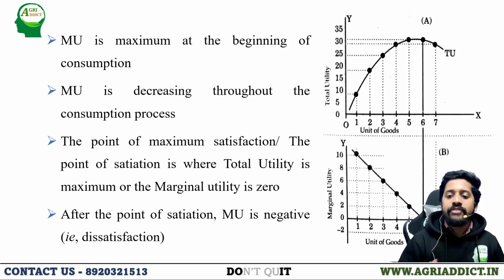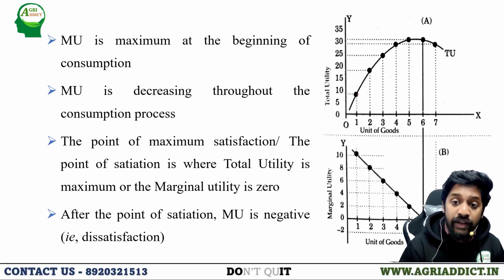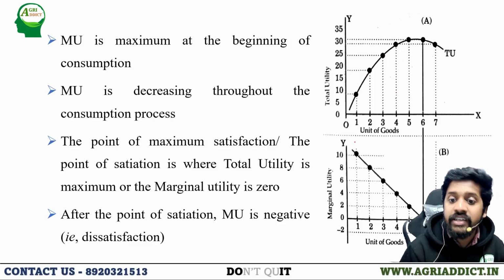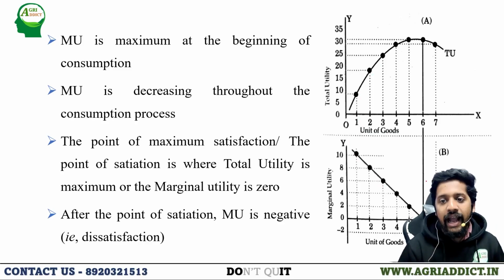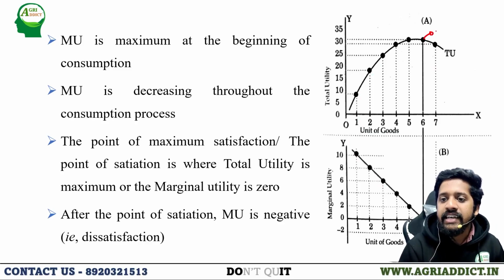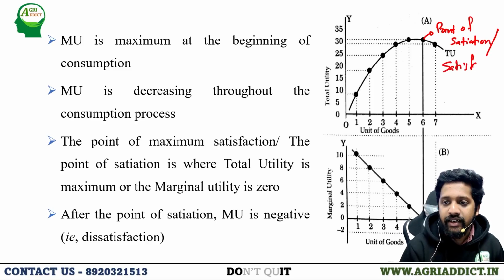Soon after that, when I consume the mango one after the other, the total utility was increasing, but the marginal utility was decreasing. And this can be considered as the point of satiation, or the point of satisfaction, right?